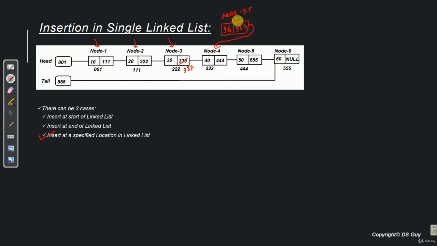Once we do that, a link gets created between node 3 and 3.5, and the existing link gets destroyed. So this is how we successfully inserted a new node in between node 3 and node 4.